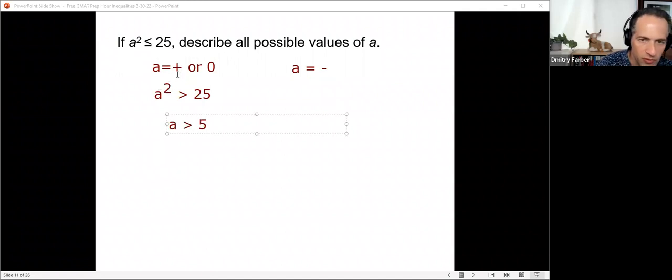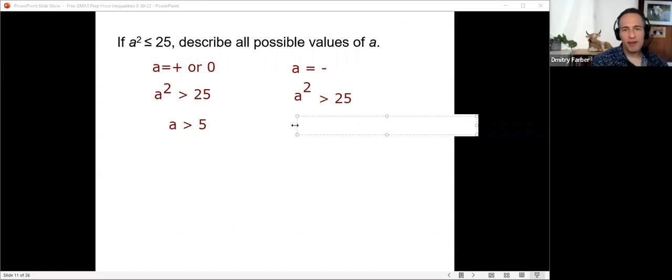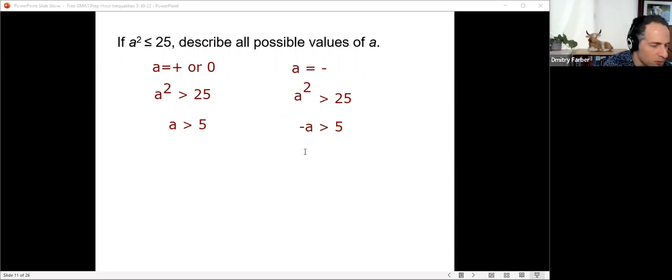That's straightforward, I hope. But here, the interim step would be to say, okay, if A is negative, that means when we squared it, we reversed its sign. So it's really negative A that's greater than 5. And then we flip the sign and move that negative. A is less than -5.